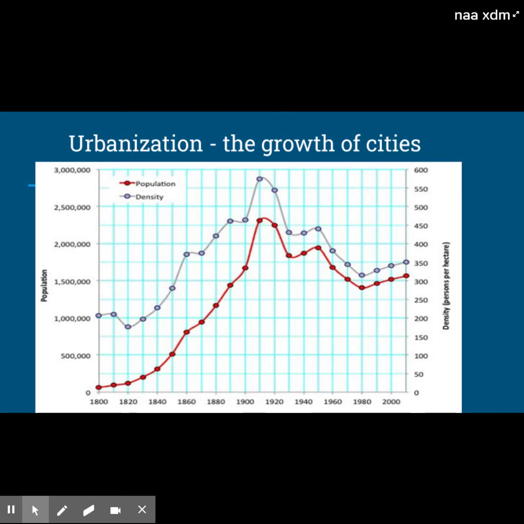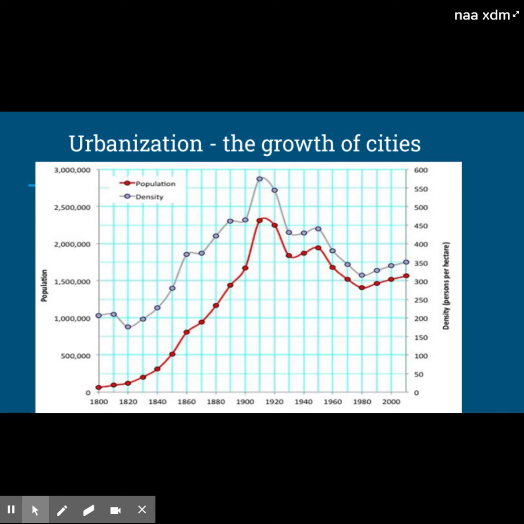Now, I want you to look at this graph for me, and we're going to analyze it here a little bit. Somebody tell me what is being measured on the left side of the graph, please. The population. Population, yes, and it is in exact numbers, like the exact number of people that live in the area, right?